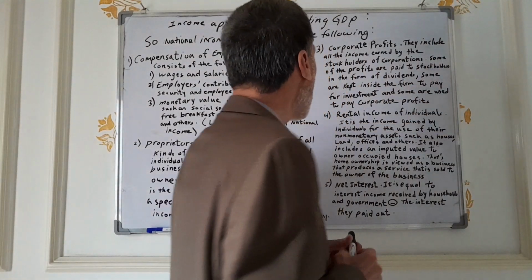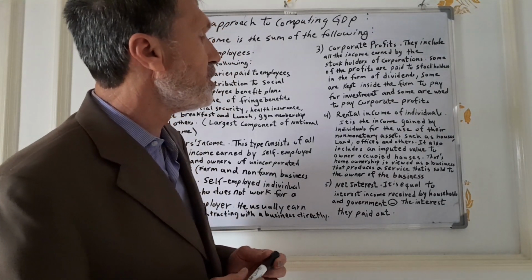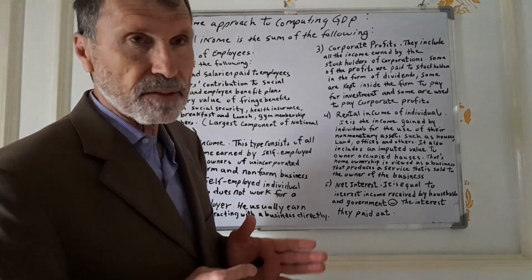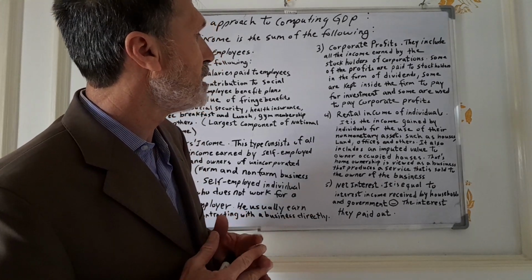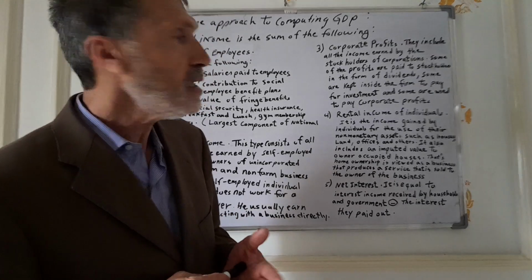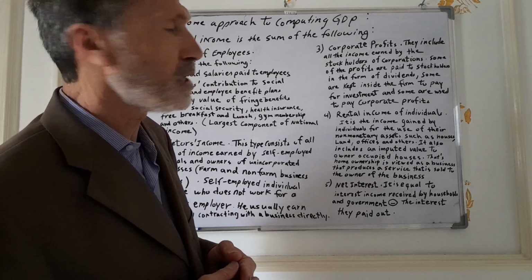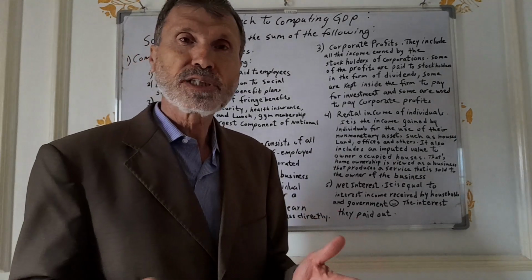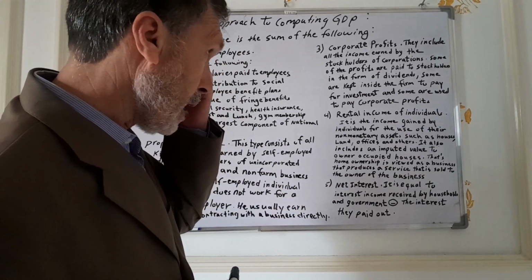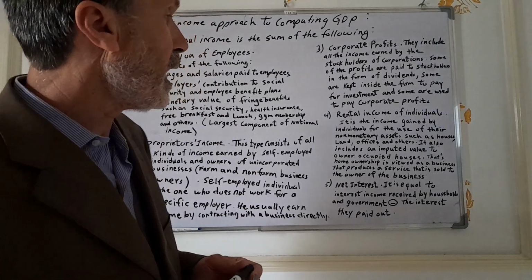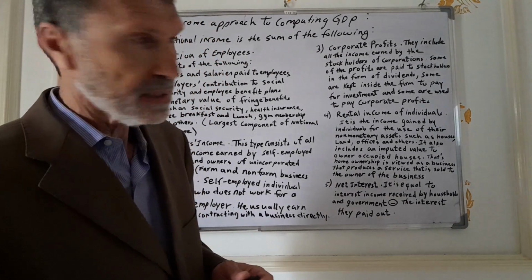The fourth type of national income is rental income of individuals. What actually do we mean by rental income of individuals? It means the income gained by individuals for the use of their non-monetary assets, such as houses, offices, land, and others. It also includes an imputed value to owner-occupied houses.